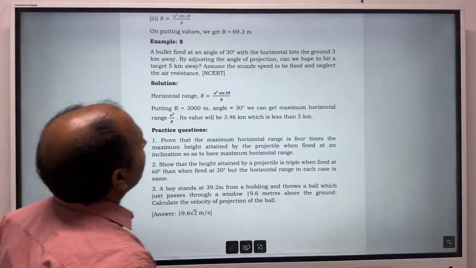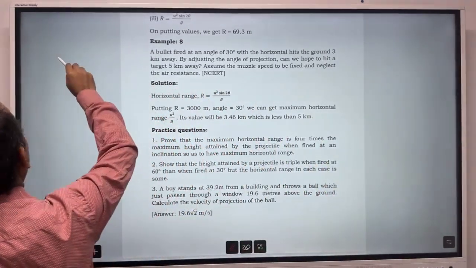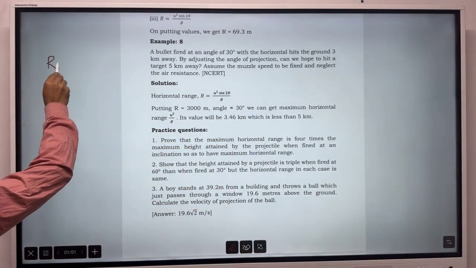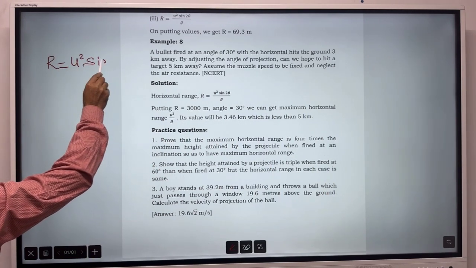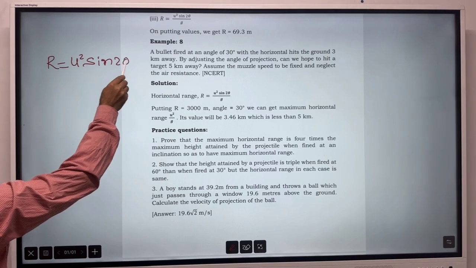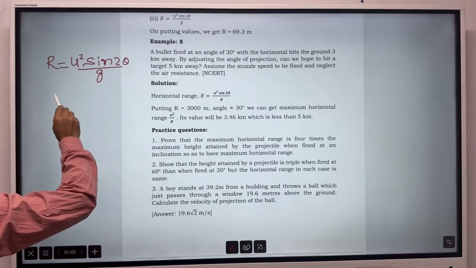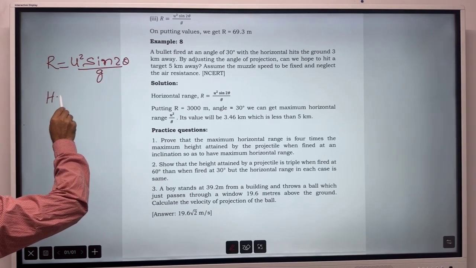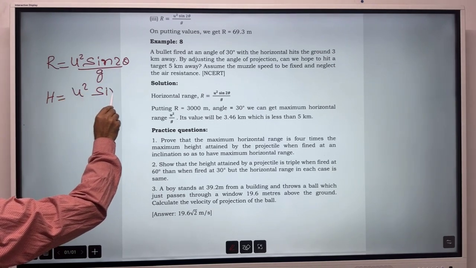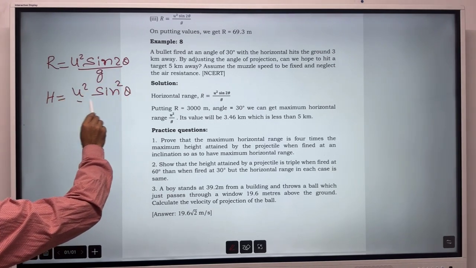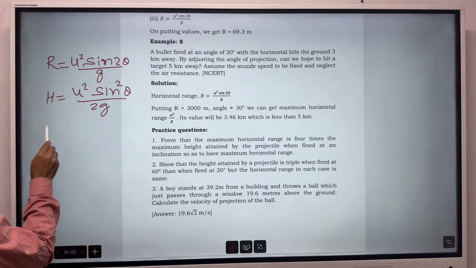So we have studied that horizontal range R is given as u square sine 2 theta divided by g. Maximum height is u square sine square theta divided by 2g.